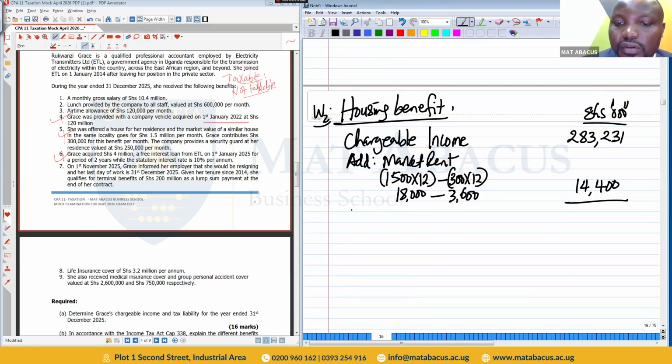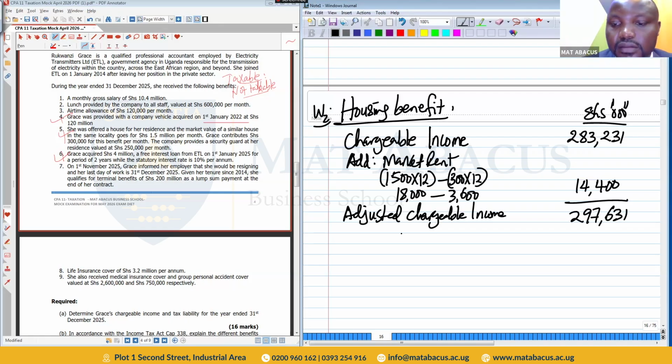So you add it here, and then you get what you call adjusted chargeable income. Chargeable income. So you'll get that 14,400 plus 283,231, which would have 297,631. So you get this.